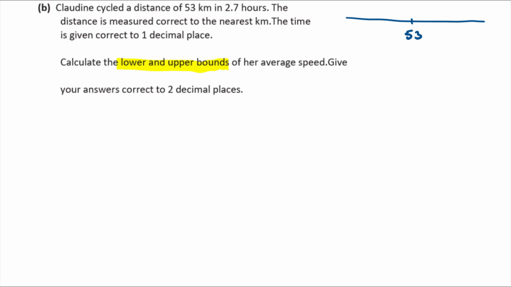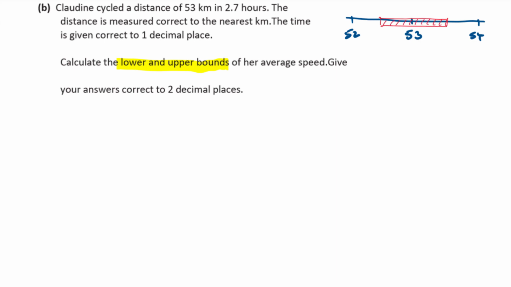Okay, so the next one up on the scale to the nearest kilometer is 54, and the one below it would be 52. Now, which numbers round to 53? It's going to be the ones that are halfway between 52 and 53 or nearer, or halfway between 53 and 54 or nearer. So the values between there and there, they're the ones that round to 53.